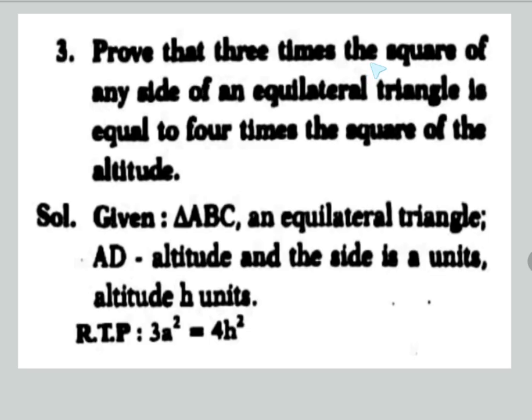Prove that 3 times the square of any side of an equilateral triangle is equal to 4 times the square of the altitude. Now, given ABC is an equilateral triangle. Equilateral means 3 sides are equal.